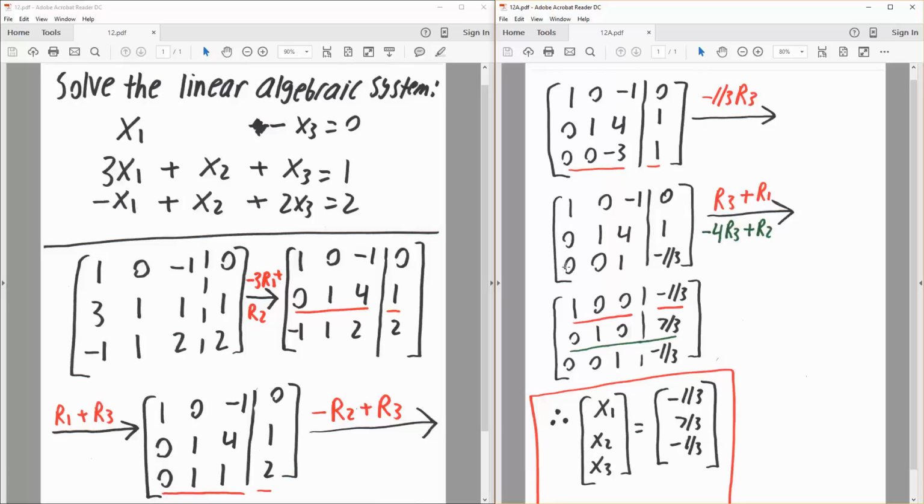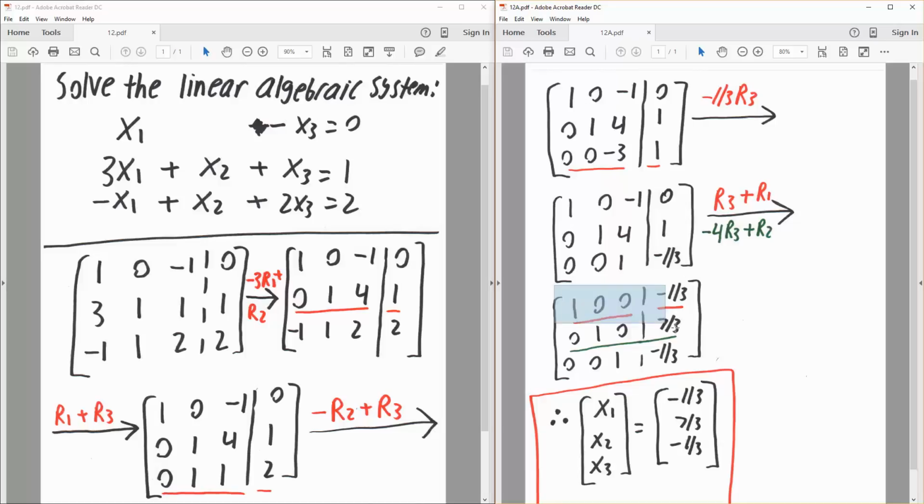And so 0 times negative 4 plus 0, it's still 0. 0 times negative 4 plus 1 is going to give us 1. And 1 times negative 4 is minus 4, plus R2 plus 4 would give us 0. And lastly, minus 4 times negative 1/3 is 4/3 plus 1, so plus 3 over 3 would give us 7/3.